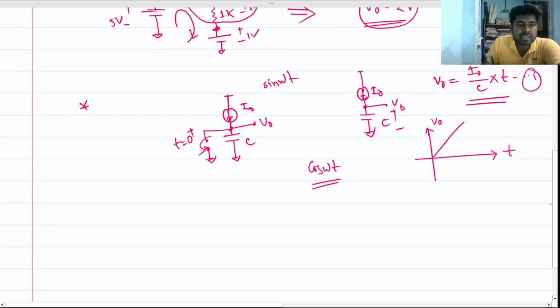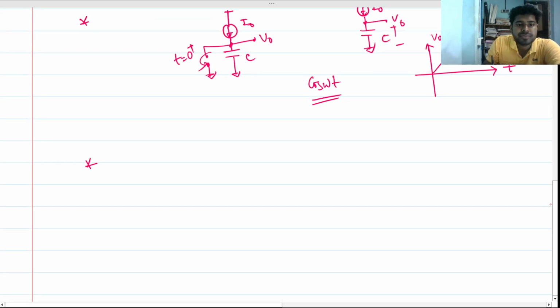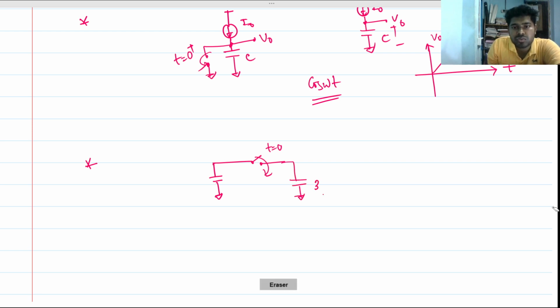I think the third question was this. Charge sharing, probably. There is a switch present, at t equals 0 it is closing. There will be another cap, with value 2C, I guess.